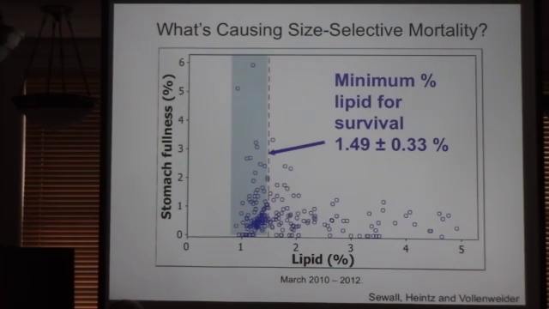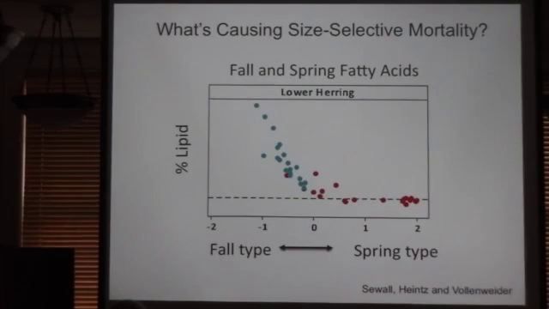So we think that part of what's driving size-selective mortality might be predation on these fish that are exposing themselves because they need to go out and forage. So, some other data lend to this idea that fish that are foraging are actually eating.